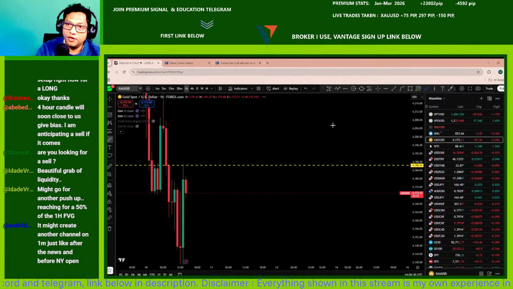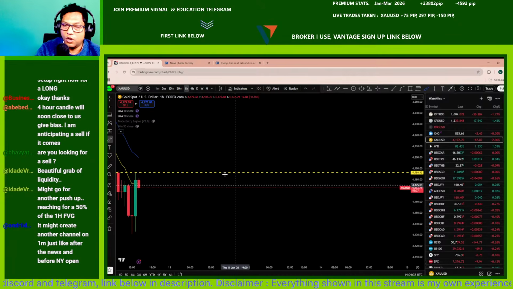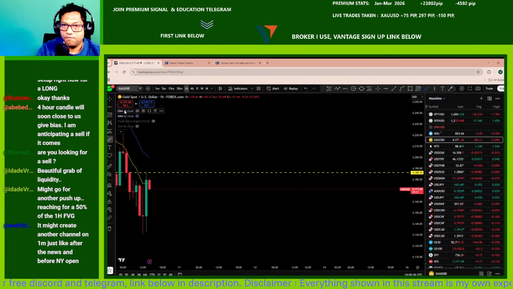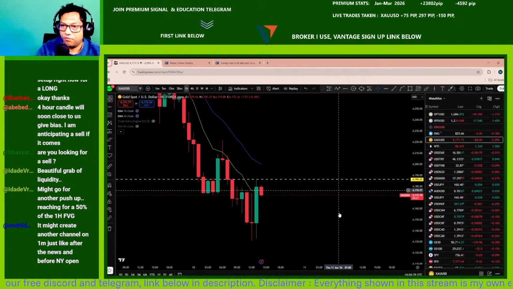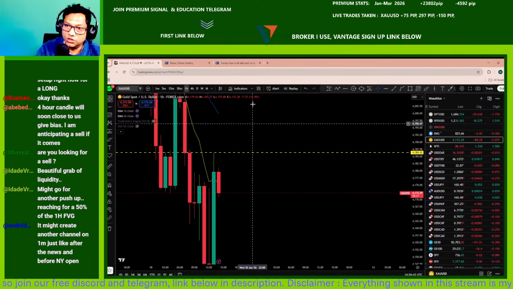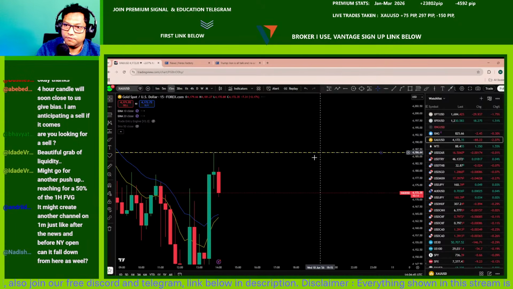Here the 1 hour closed, the trend has closed, but there might be a strong selling now, or we could see another potential upside.